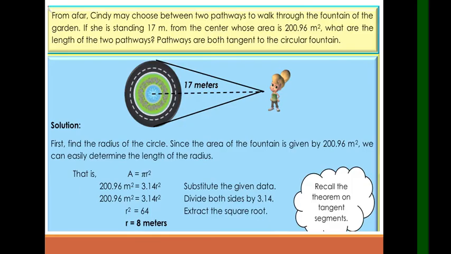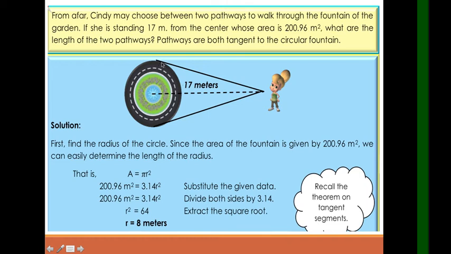Okay, next. From afar, Cindy may choose between two pathways to walk to the fountain of the garden. If she is standing 17 meters from the center, whose area is 200.96 square meters, what are the lengths of the two pathways?